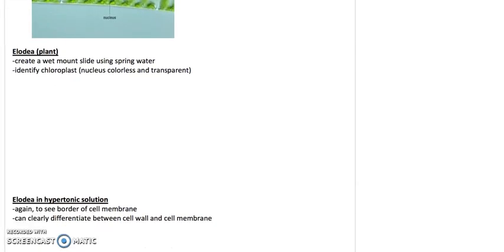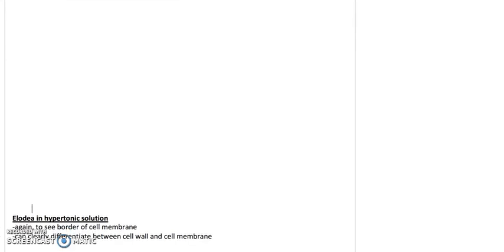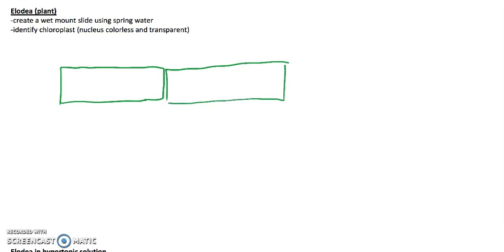Okay, the last plant cell you are going to look at is elodea. So here's what this looks like. Very similar to onion cells, but these are much more green. And again, the cell wall is hard to differentiate against the cell membrane.